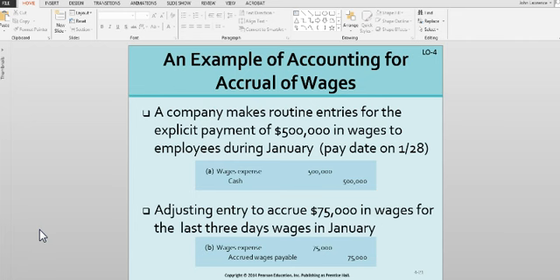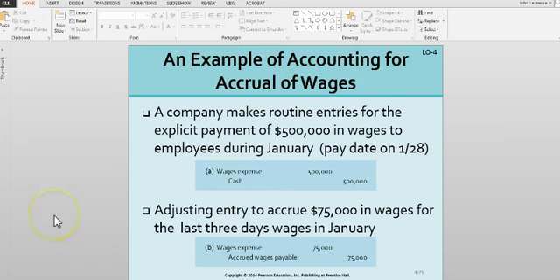Even though we haven't paid them, we would otherwise be understating our wages expense if we didn't create a liability that in February we'd have to pay. So the adjusting journal entry to accrue those $75,000 in wages for the last 3 days of January would be a debit, or increase, to wages and salaries expense for $75,000, and we're going to create a liability called accrued wages payable for $75,000.